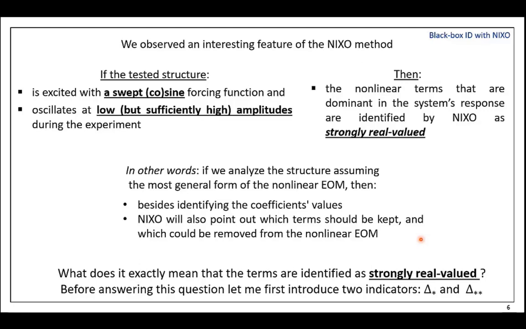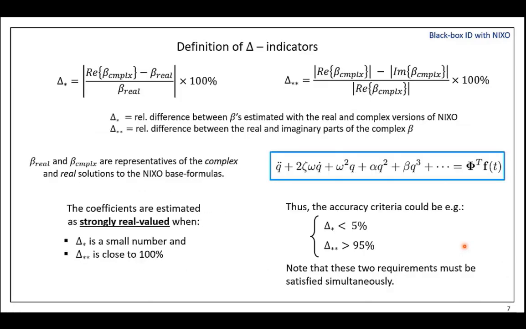Some of you are probably wondering what it exactly means that the parameters are strongly real valued. Before answering this question, let me first introduce 2 indicators, delta star and delta double star. The definitions of these indicators are provided in these 2 formulas.